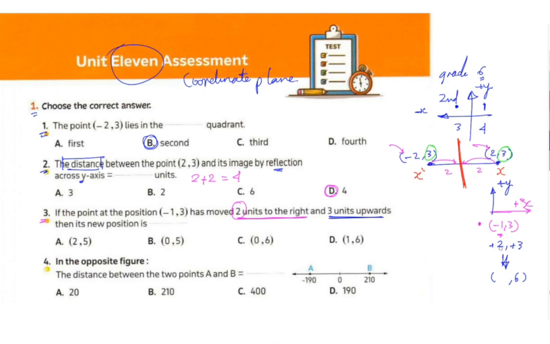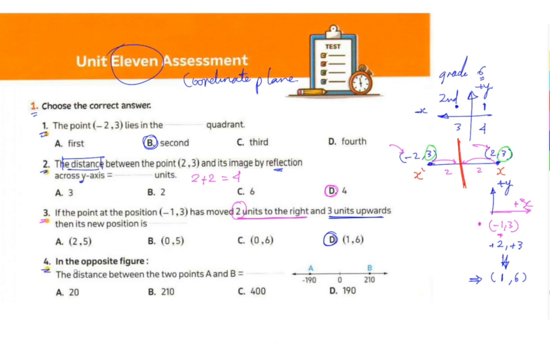And -1 plus 2 equals what? Like 2 minus 1, we have just +1. So when we move this point 2 units to the right and 3 units upward, I will find it as (1, 6). Where is (1, 6) here? That's point D.